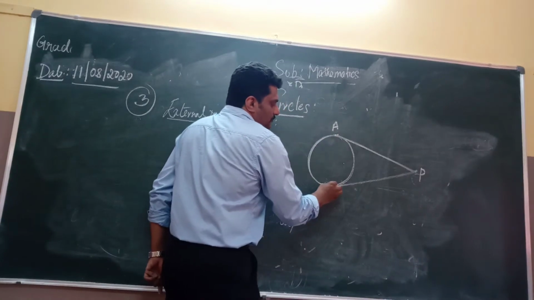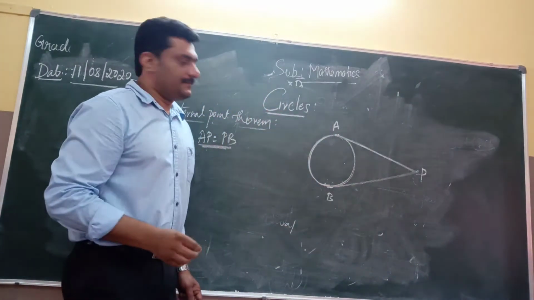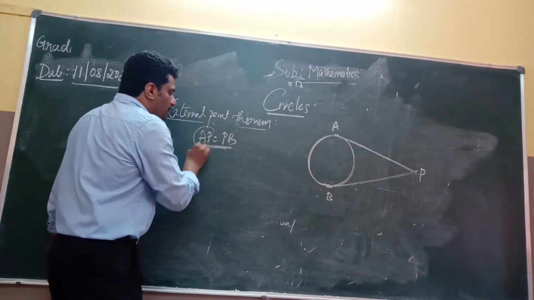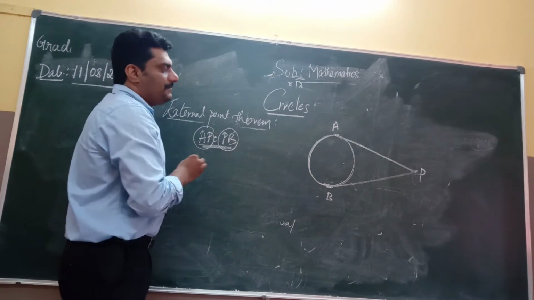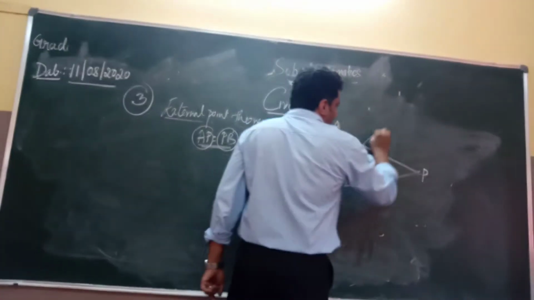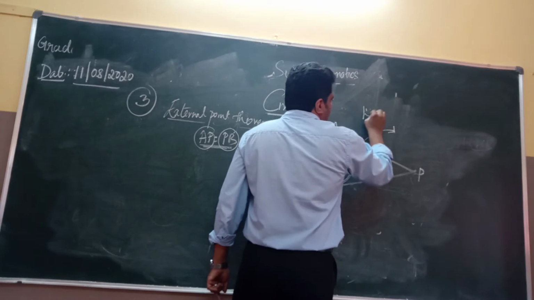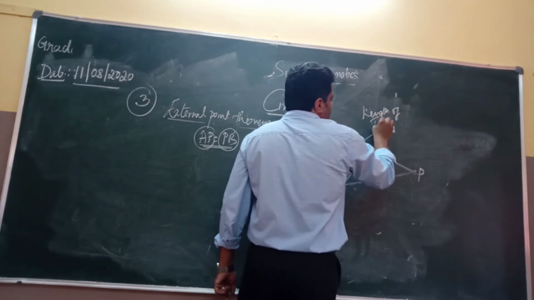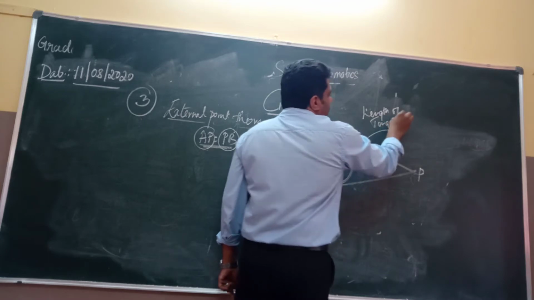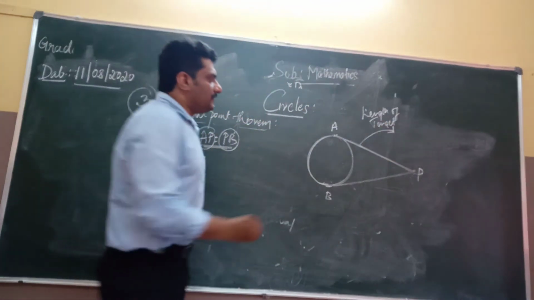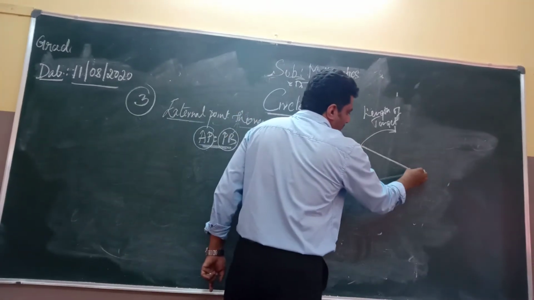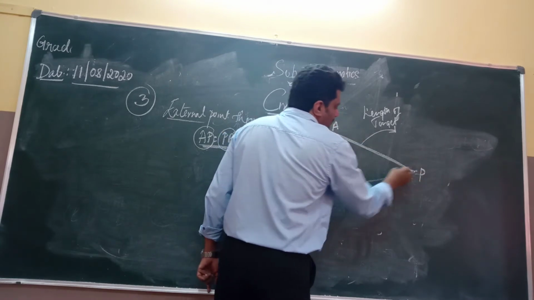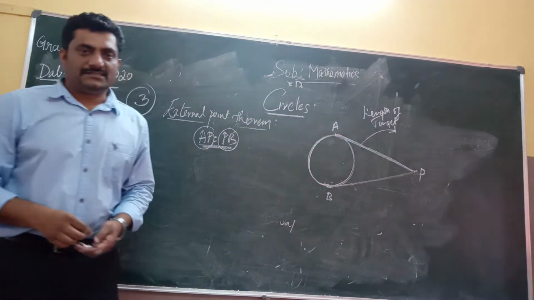Now, as I told you, this is the point of contact, and these two, AP and PB, are called the length of the tangent. What is the length of a tangent? From the point of contact, this line is called the length of the tangent.